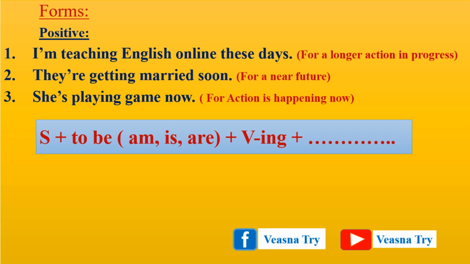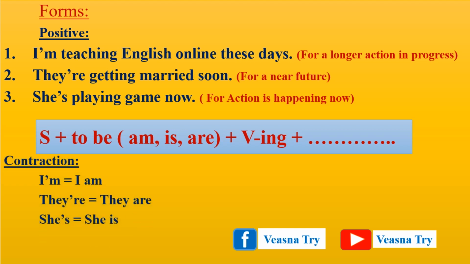So in positive form we got subject, to be, and to be we have am, is, are, plus verb plus ing and plus something else. So look at contraction together. Write the word from I am, they're from they are, she's from she is. Like subject I and am together, right?